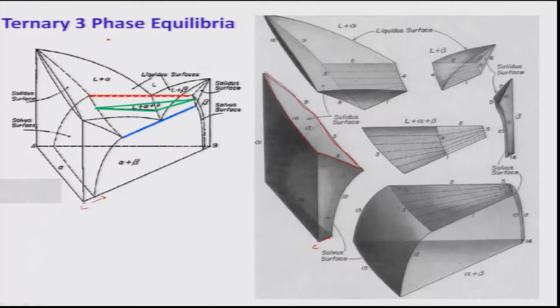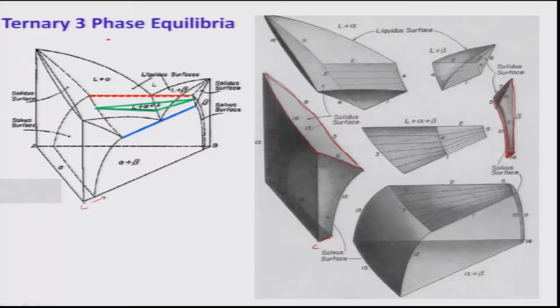This is the alpha phase field, the primary alpha phase field. What is the primary beta phase field? This is also like this part I have drawn, it is like this, again going down here, a triangle, correct. That is how it looks. So, there are the two primary phase fields, very easily detectable.